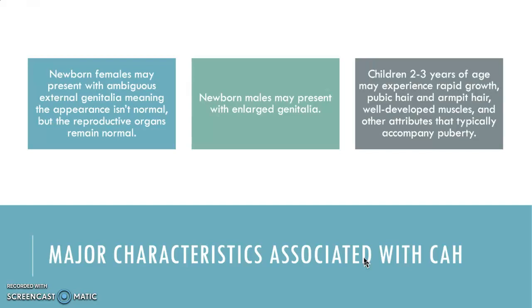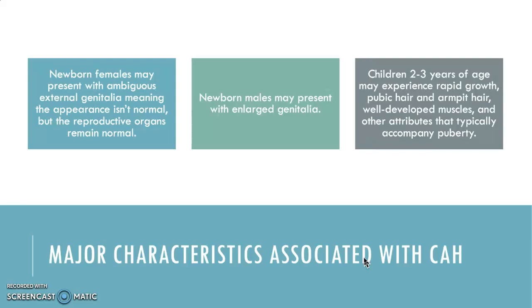But on the external side, we're going to see what we call ambiguous genitalia, where you may not be able to tell what you're looking at if you were just looking at the genitalia area. Newborn males, same thing. We may see abnormally large testicles or an abnormally large penis. But again, everything internally is going to be the same as far as the reproductive system is concerned.